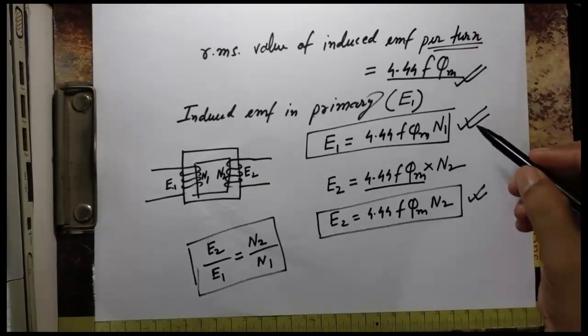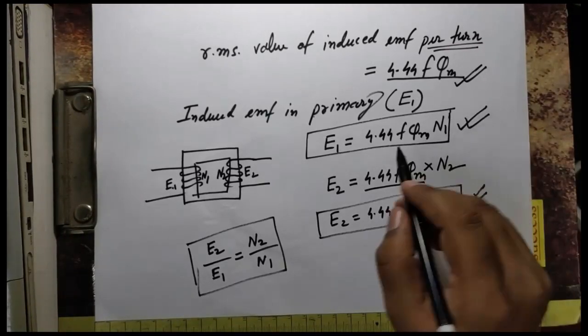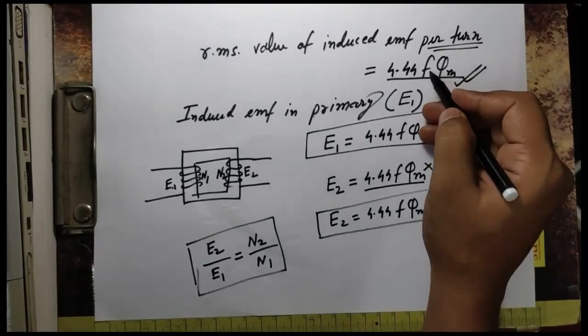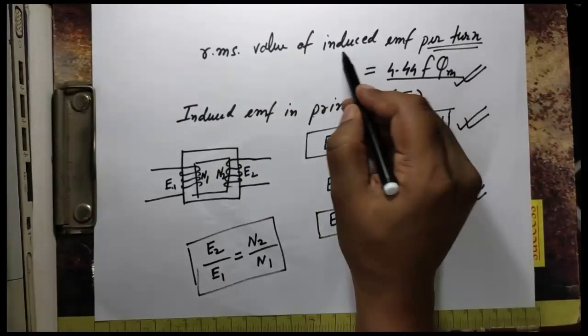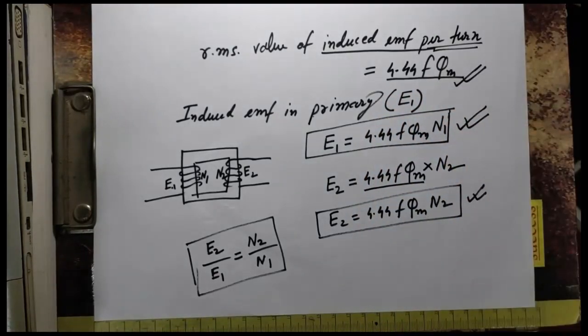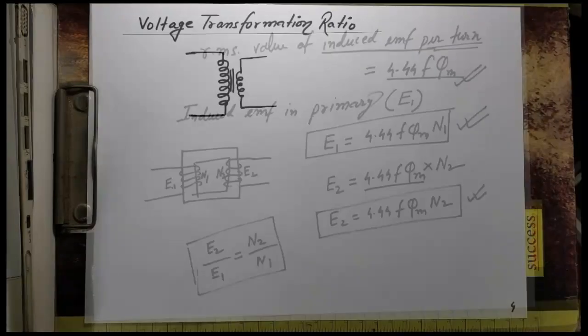So these are the formulas for induced EMFs, and this is the formula for induced EMF per turn. This is the main formula, and from here we can derive it. I hope you understand this. If you have any doubt, you can write it in the comment box, and I will try to solve it.